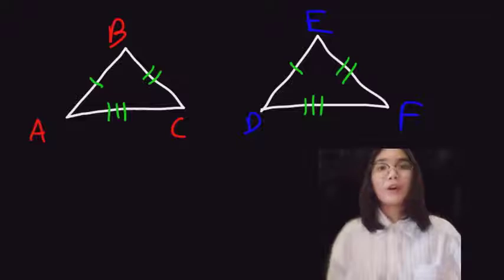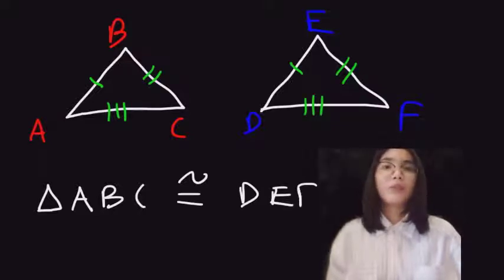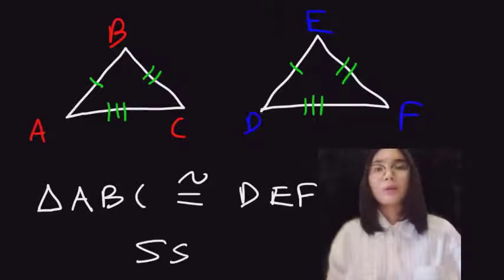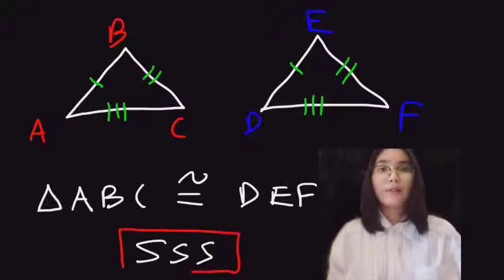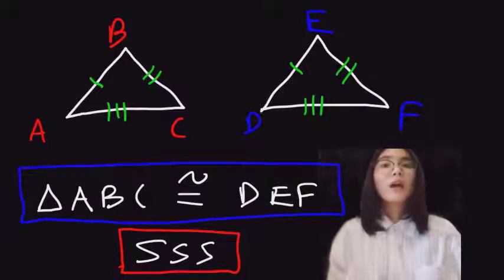The last thing you're going to encounter in geometry is proving that two triangles are congruent. Let's say we're dealing with two triangles, triangle ABC and triangle DEF. Now here are the postulates that you need to be familiar with. There are some others too, but we're going to cover these.